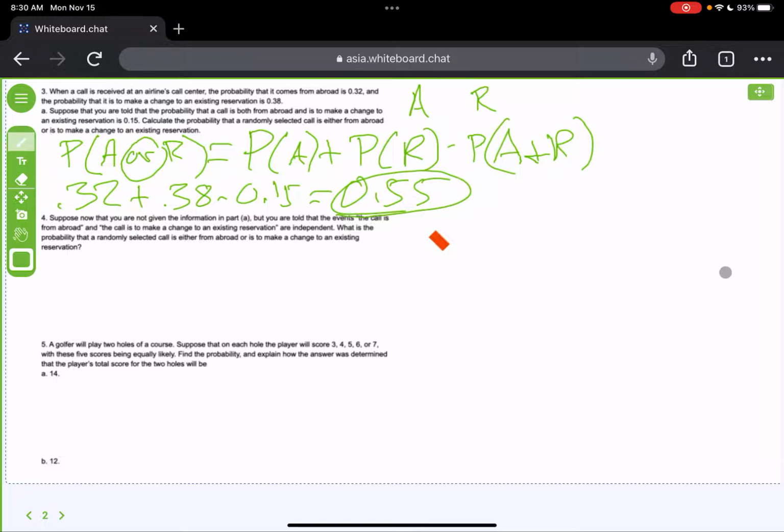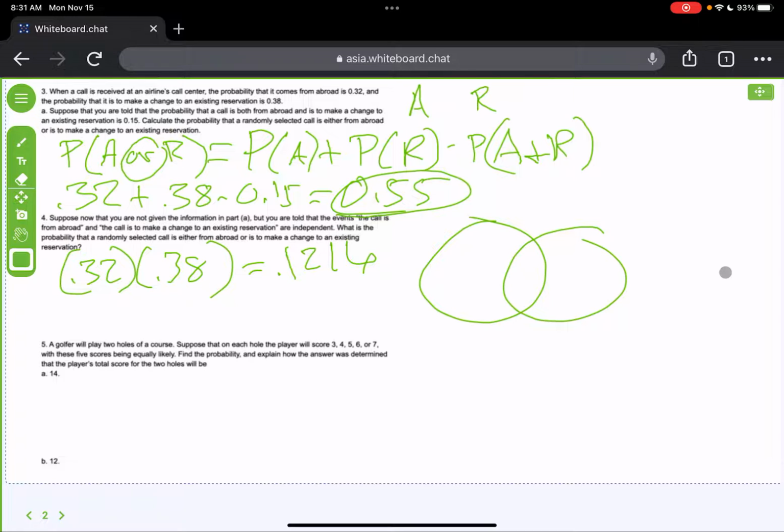And now, if it's independent, we can calculate the independent event as the probability of A times the probability of R, and that's going to give us 0.1216. 0.32 times 0.38, yes. Now, that is now going to be here. So let's call it 0.12.